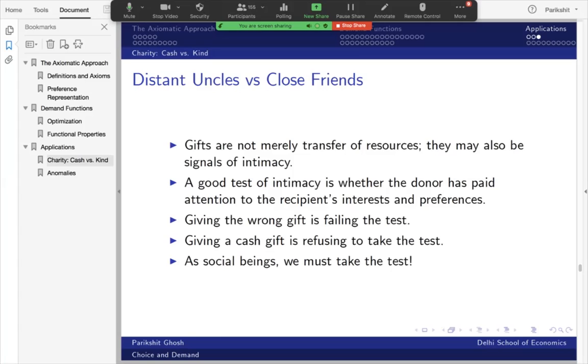You have a friend who is struggling to pay college fees or is in great economic distress, and in those situations you could say, well, here's some monetary assistance. I'm not saying that every transfer of resources between two people who are socially close has to be in kind, right?